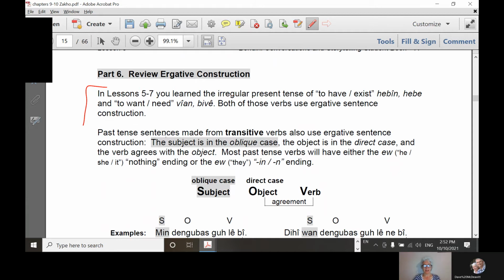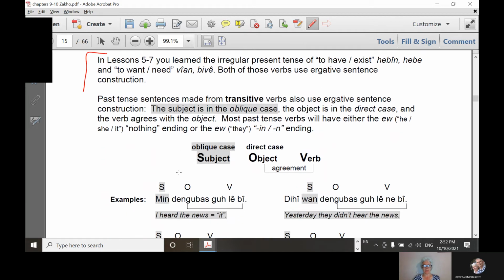Past tense sentences made from transitive verbs also use ergative sentence construction. And in this case, the subject is in the oblique case. The object is in the direct case, unmodified, and the verb agrees with the object.